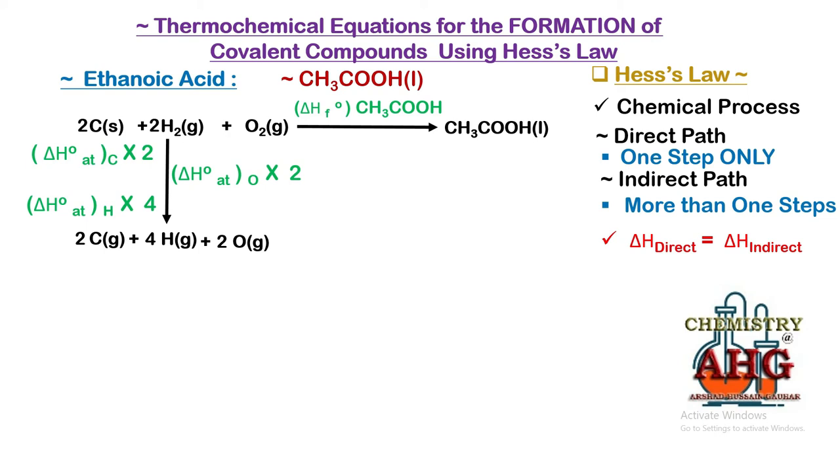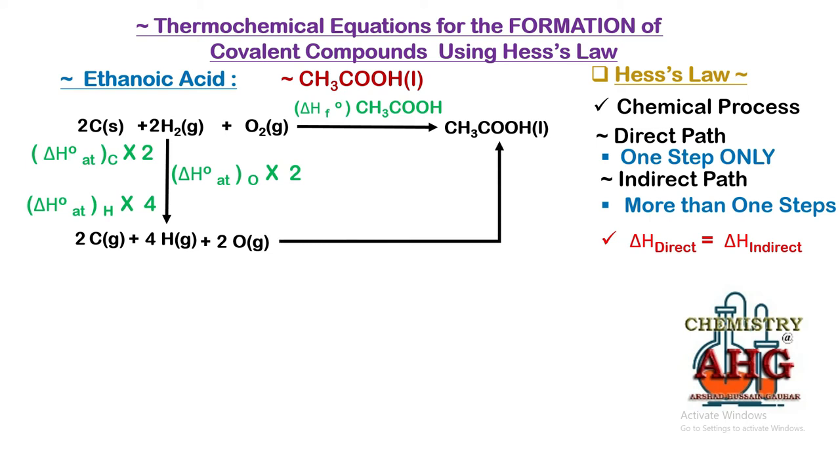Now what will happen? These atoms are ready to react. When they react, they will make covalent bonds, and whenever a covalent bond is formed, which enthalpy change is involved? Whenever a covalent bond is formed, the enthalpy change that is involved is known as bond energy or bond enthalpy. So we will draw an arrow from these gaseous atoms to the product.